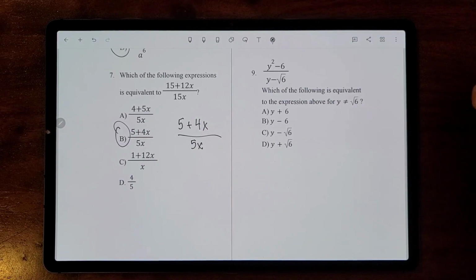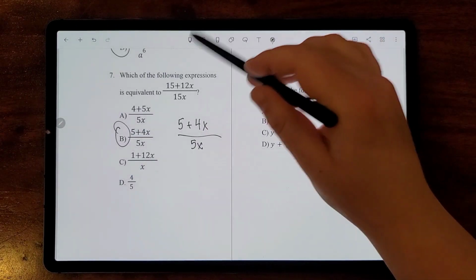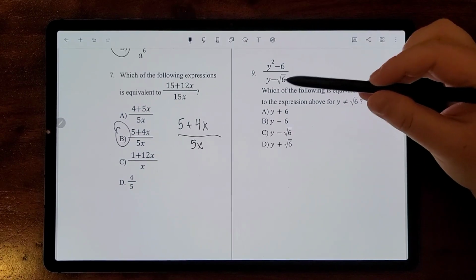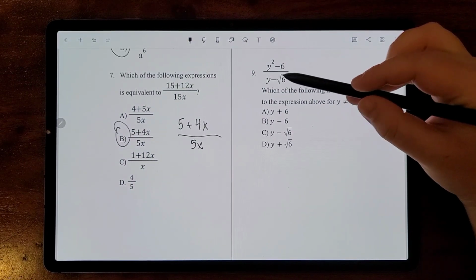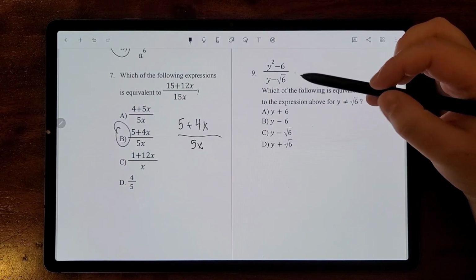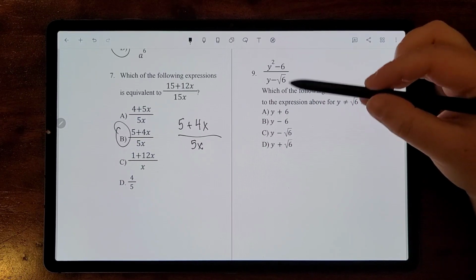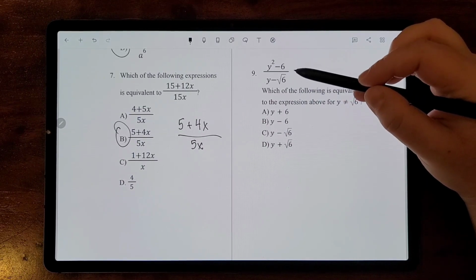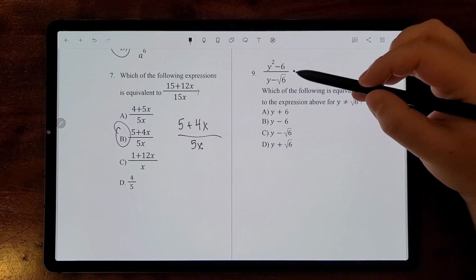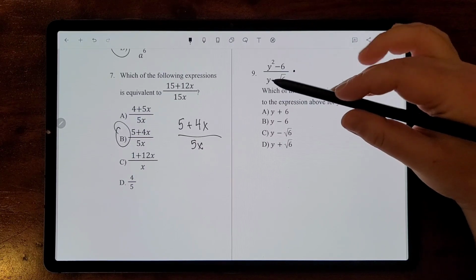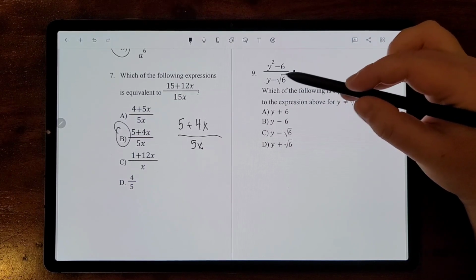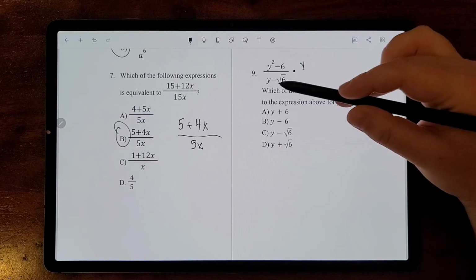Okay, so now let's go to number 9. So again, remember I told you that we do not like having square roots on the bottom. So what we do when it's not just a square root being multiplied by something, when there's a plus or minus involved like this, is we multiply by something called the conjugate, which is basically just a fancy way of saying we multiply by that same thing on the bottom, but we're gonna make it a plus instead of a minus.